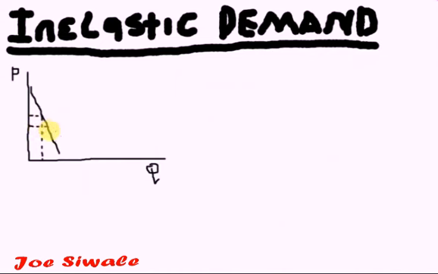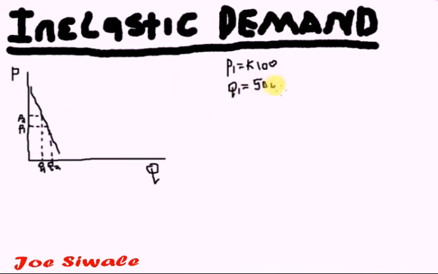As you can see in the graph, although this graph is not accurate, I have my Q1 and my Q2, then I have P1 and P2. So when you draw a graph, make sure the difference between P1 and P2 is larger than that of Q1 and Q2.